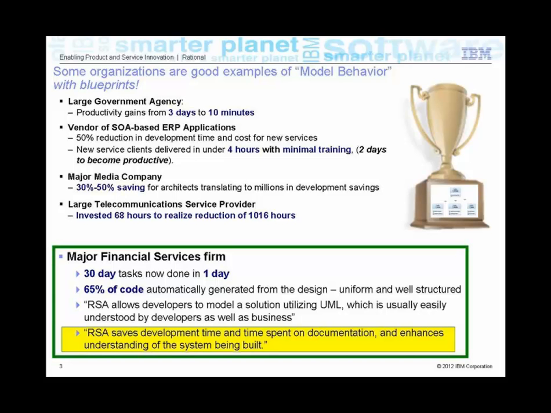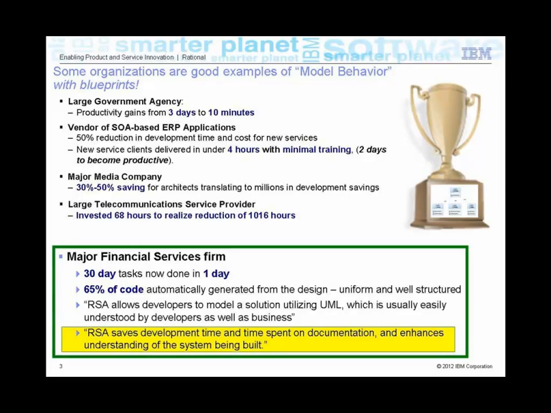Here are some examples of a large government agency that used modeling to increase their productivity. A vendor of SOA-based enterprise resource planning applications had a 50% reduction in development time. A major media company saw 30 to 50% time savings for architects, translating into a bunch of additional development savings. So bottom line, RSA saves development time.